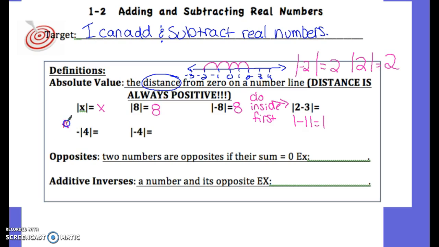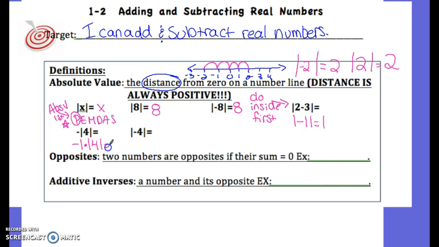This one right here is special because the negative is on the outside. Technically, this is -1 times the absolute value of 4. Just like your PEMDAS, your P for parentheses, you would also do the absolute value first.